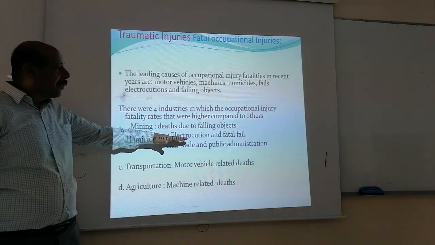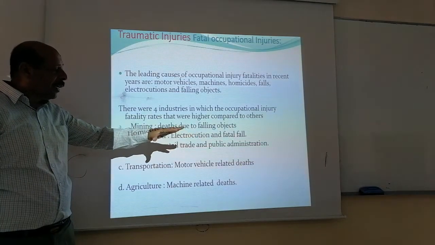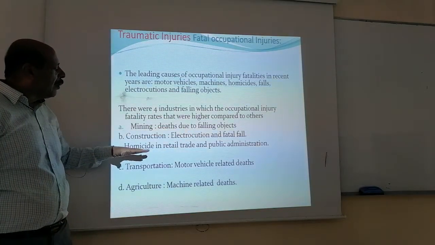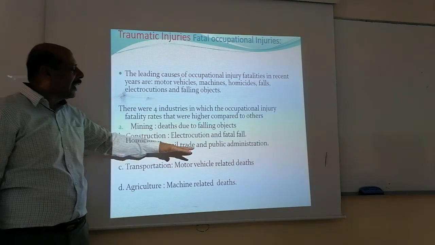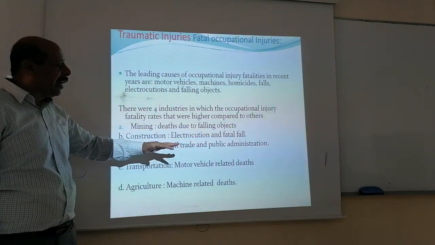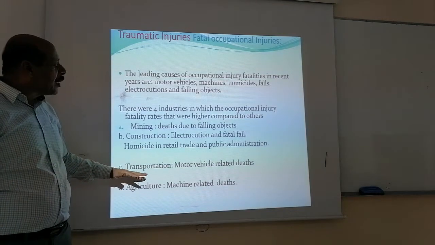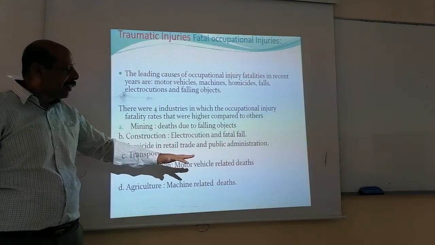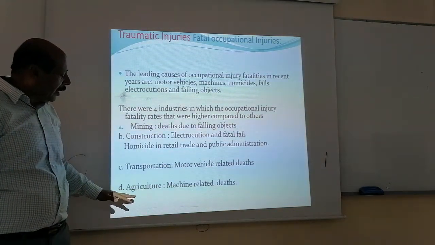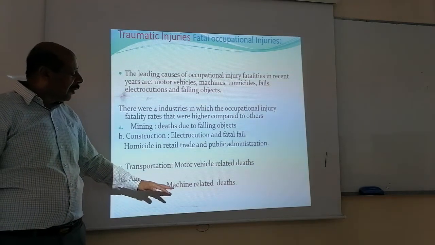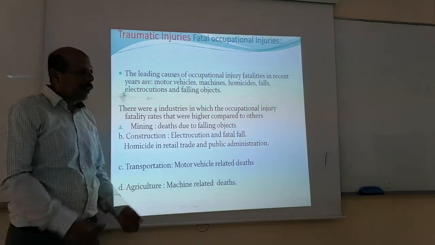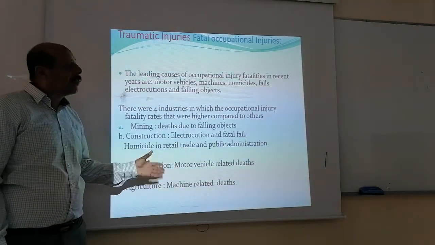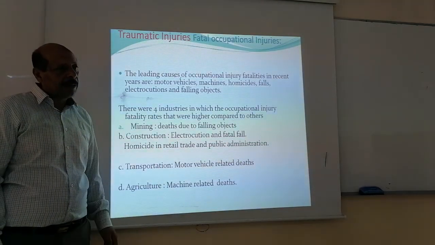Construction: electrocution and falls. Homicide is also rated, and public administration. Transportation: motor vehicle related death. In agriculture, machine related death. The machines that we use in agriculture sometimes cause death.